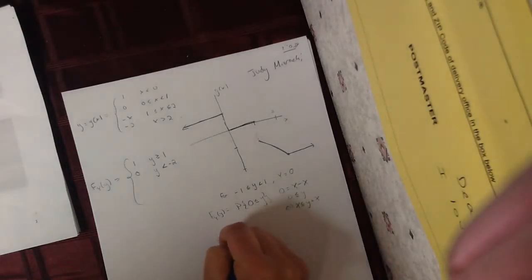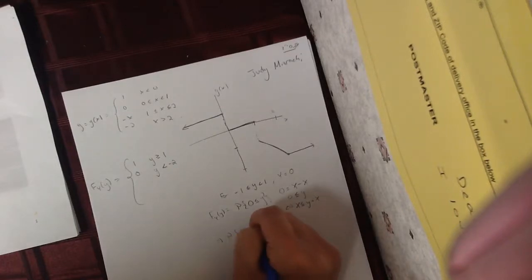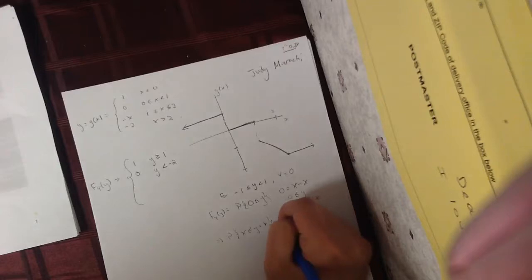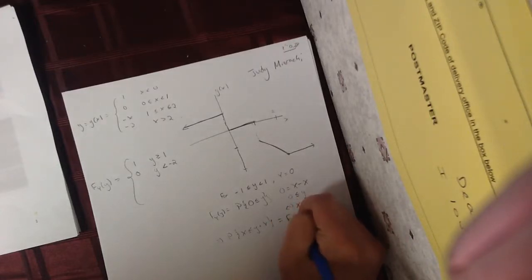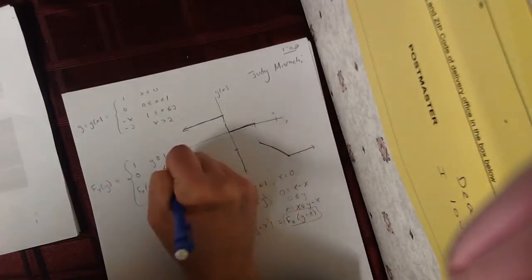So I can change this to the probability that x is less than or equal to y plus x, which is the same thing as F sub x of y plus x. So I have F sub x of y plus x for negative 1 less than or equal to y less than 1. This is pretty simple. You following that?